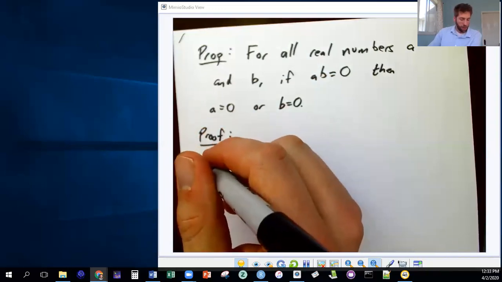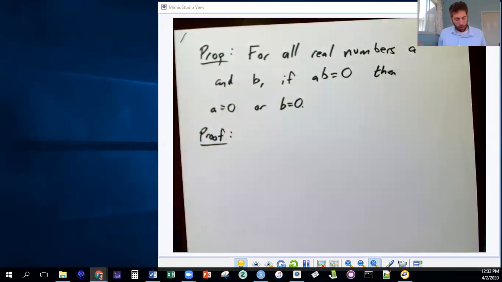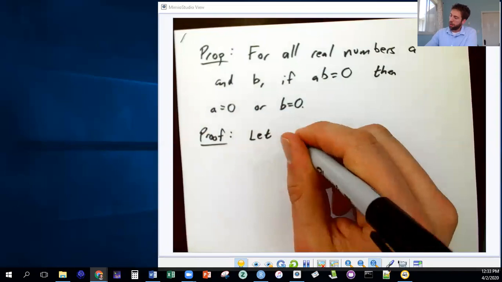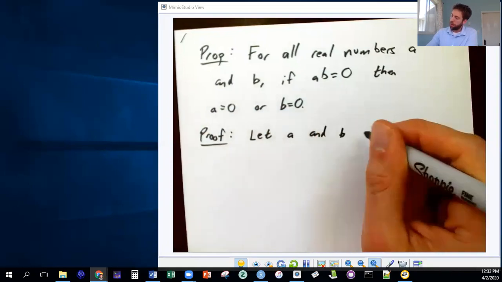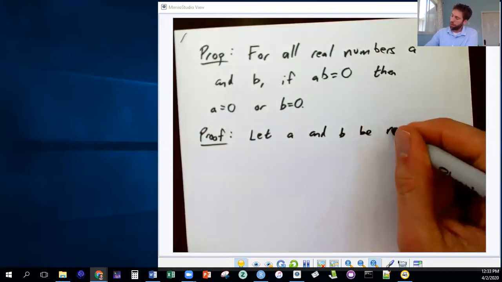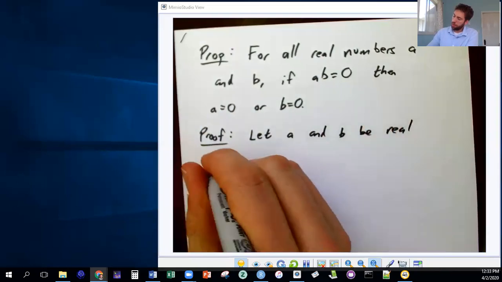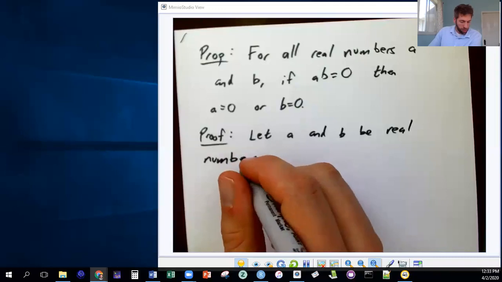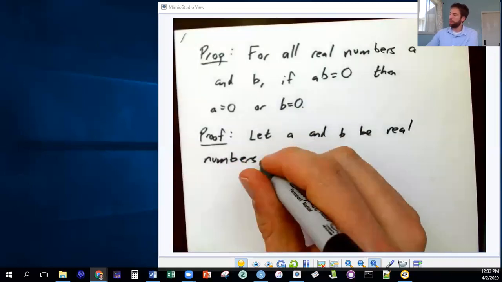Okay. So we let A and B be real numbers, and assume that AB equals 0.